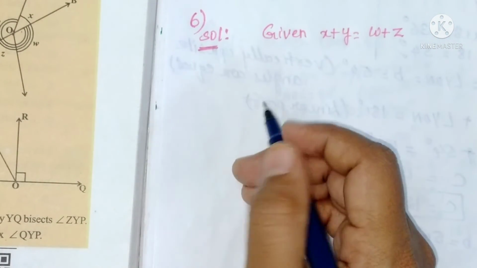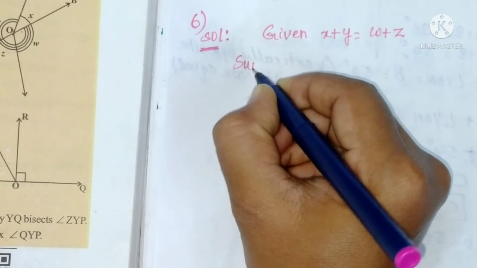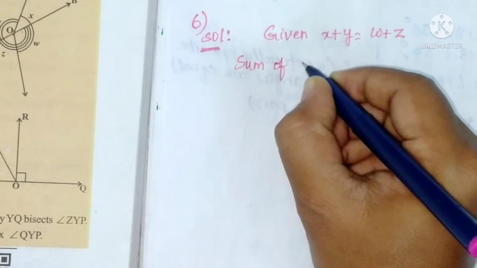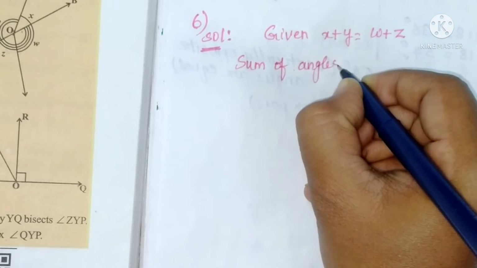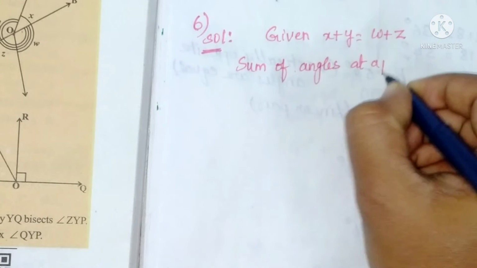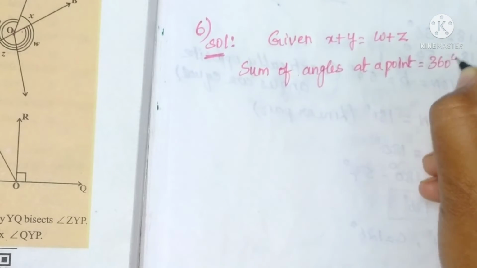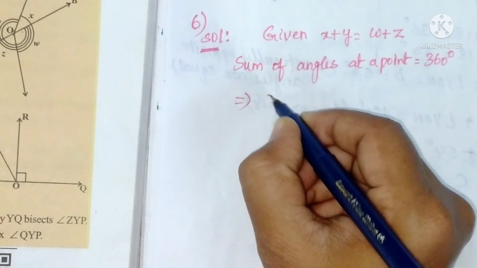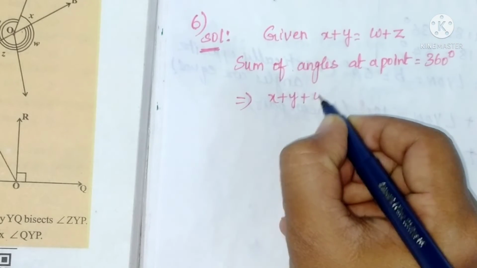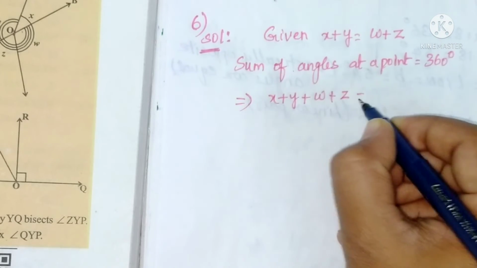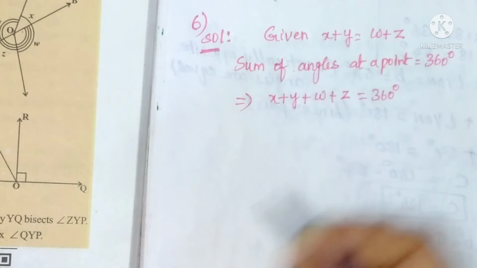So the sum of angles at a point is 360 degrees. So x plus y plus w plus z equals 360 degrees.